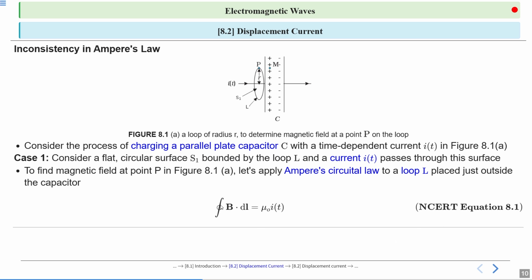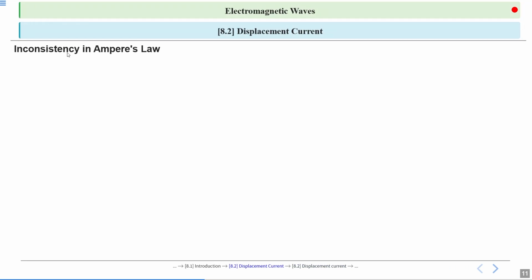The integral over the closed loop of B dot dl is equal to mu naught I(t). This is the varying current flowing through this surface. This is NCERT equation 8.1.